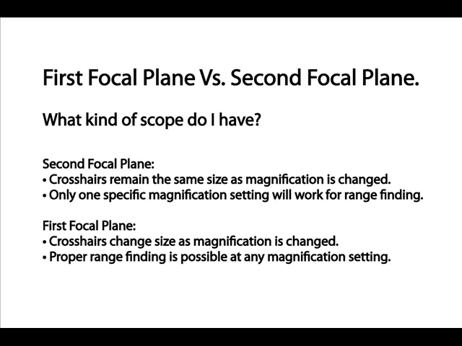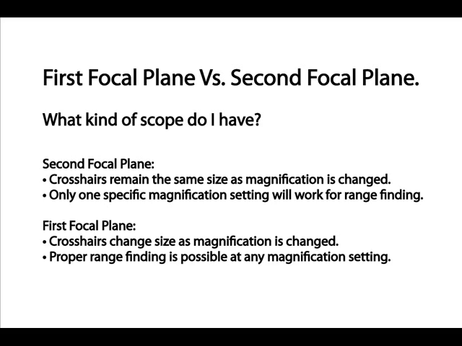Now you might already know the difference, but if you don't, look through your scope at the reticle or the crosshairs. When you change the magnification on your scope, if those crosshairs remain the same size, then you have a second focal plane scope.